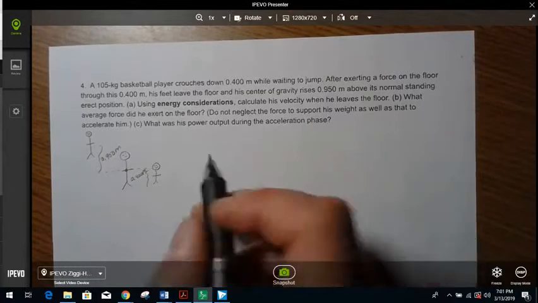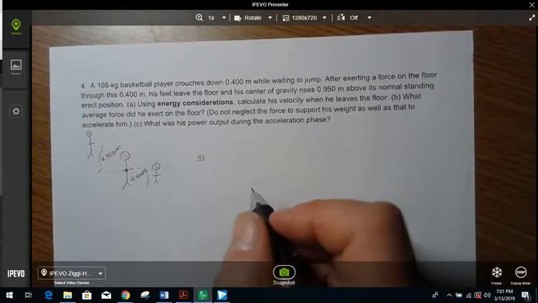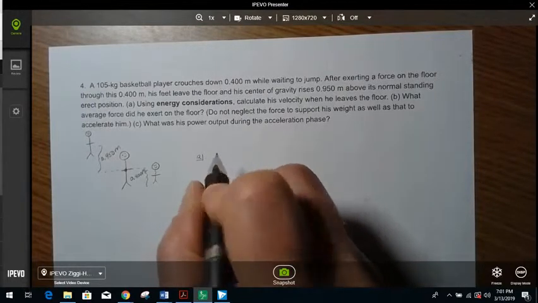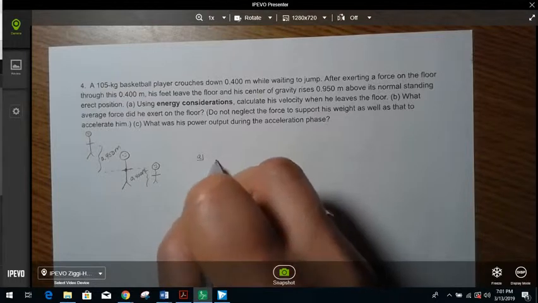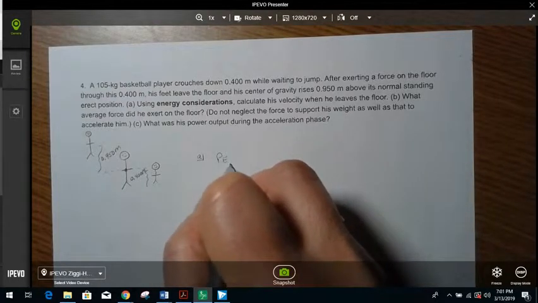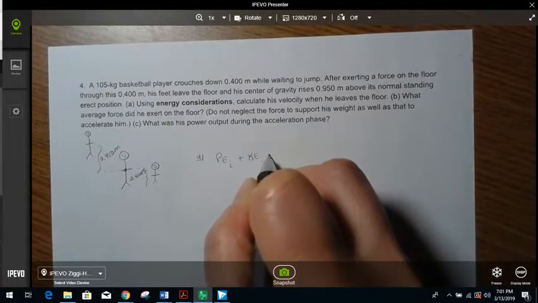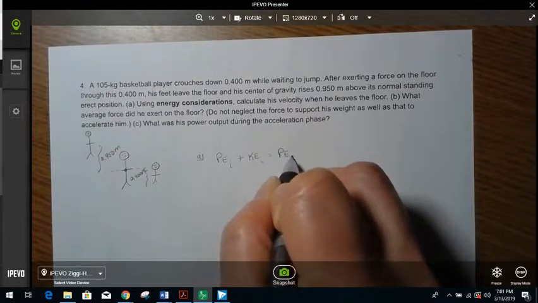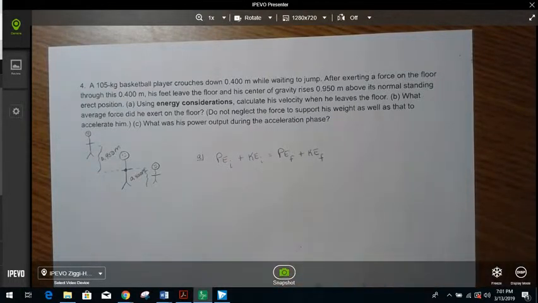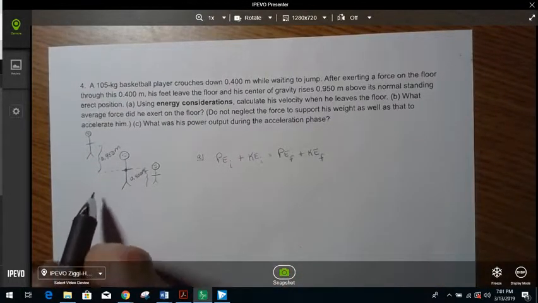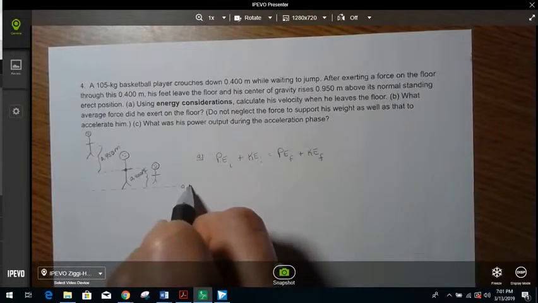All right, so we're going to use the law of conservation of energy, the idea that the total energy before equals the total energy after. So we have potential energy initial plus kinetic energy initial equals potential energy final plus kinetic energy final. Now, we're assigning the floor as our 0 point.